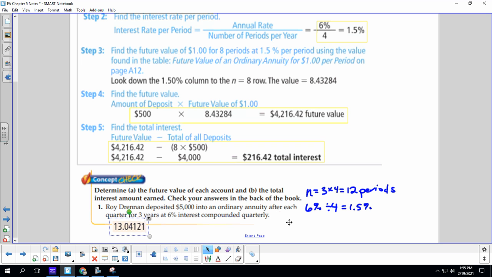So we take our number from our table and we multiply it by what we are putting in. Oh man, that's a lot of money. She's putting in $5,000 each quarter. That's quite a bit of money.